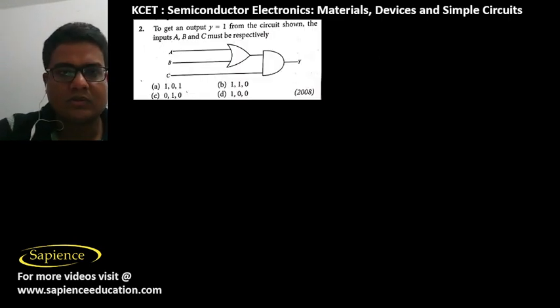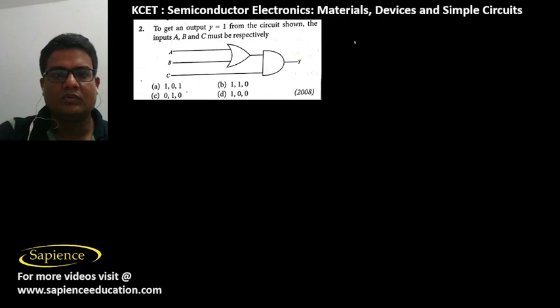Then number 2 says, to get an output Y equal to 1 from the circuit shown, the inputs A, B and C must be respectively. So here we have A OR B, and with that output we have AND with C, that is (A OR B) AND C. It should be 1.